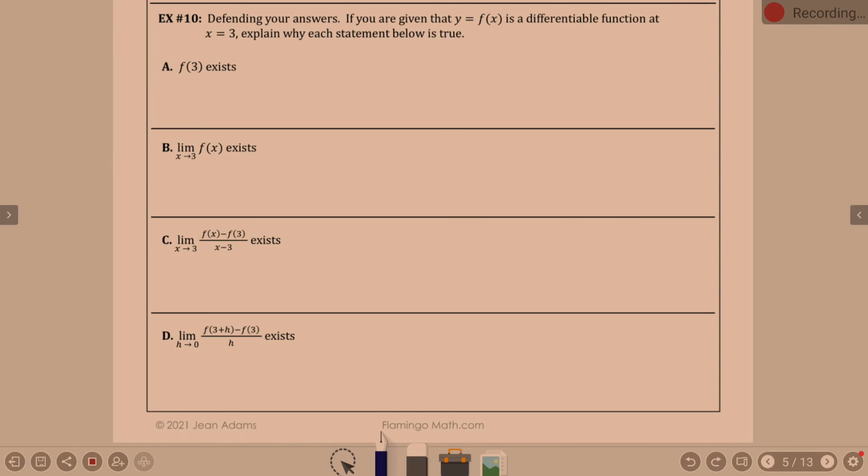Did you guys understand what they're asking there? I didn't for a brief moment. What's the given information? F of x is differentiable. If that's the information I'm told, and of course that is at x equals 3, how do I know f of 3 exists? What's my defense there?